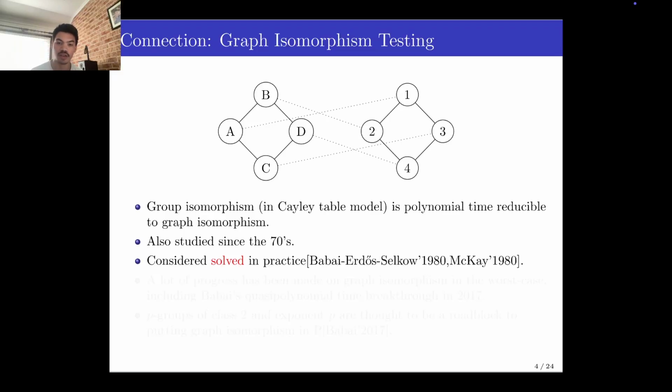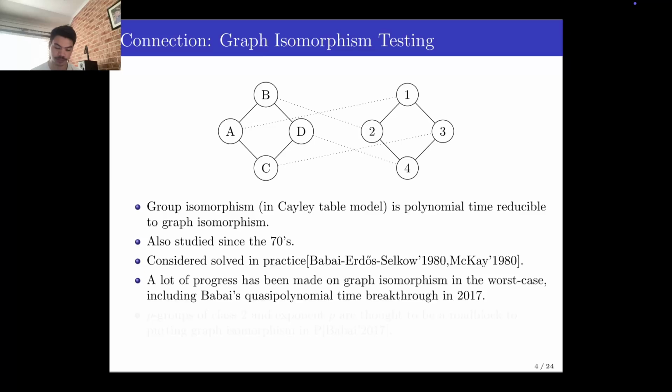So we've got Babai, Erdos, and Selkow's average case algorithm from the 80s, and McKay's practical algorithm from the 80s. And also, while graph isomorphism started off with an exponential time bound, there was significant progress made on this bound, culminating in Babai's quasi-polynomial time breakthrough in 2017.